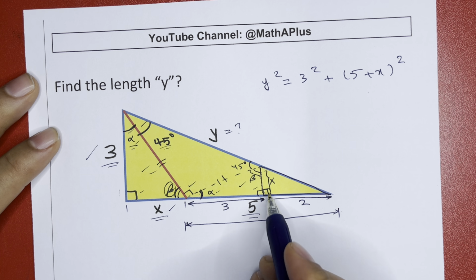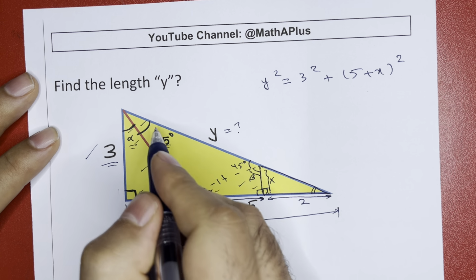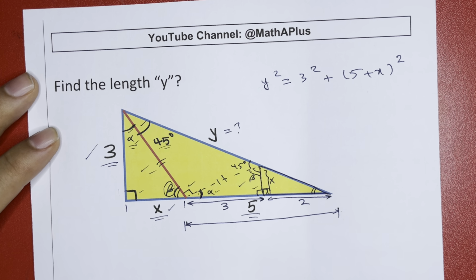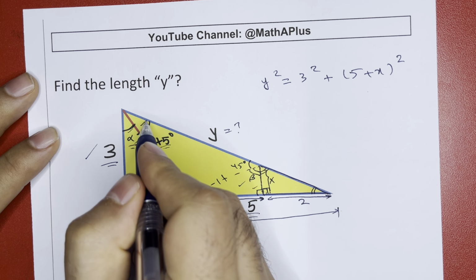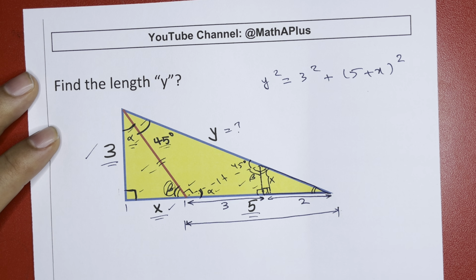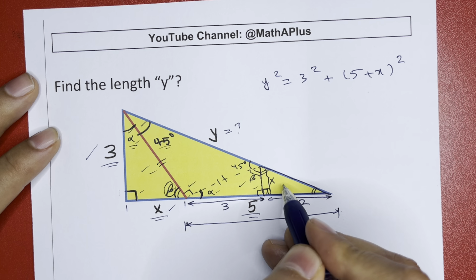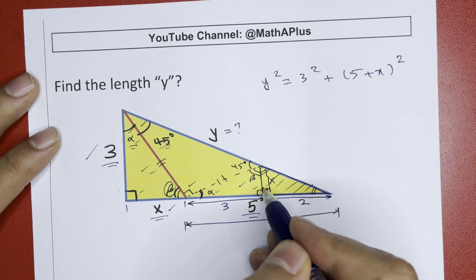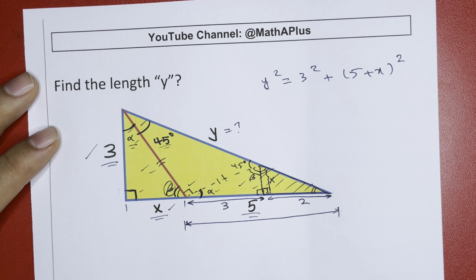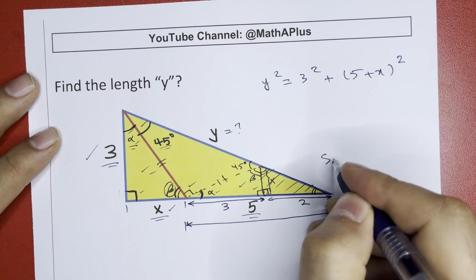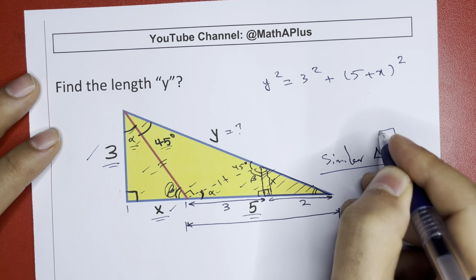This is 90 degrees. This is 90 degrees. This angle is a common angle, right? Same for both. And for sure, this angle is going to be the same as this angle, 45 plus alpha. Okay? Means this small triangle and this big triangle are similar. So we have a similar triangle here.